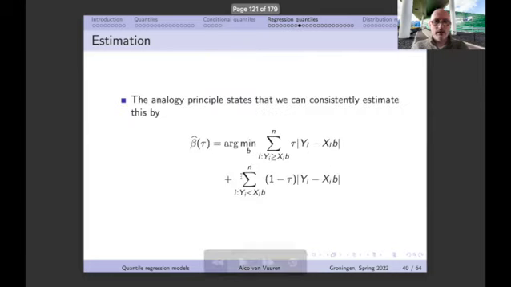Well, this beta hat that we have over here is still a little bit difficult to calculate, and the reason behind that is that we have these absolute values over here.